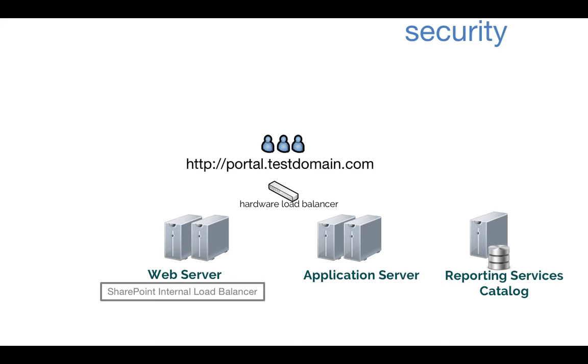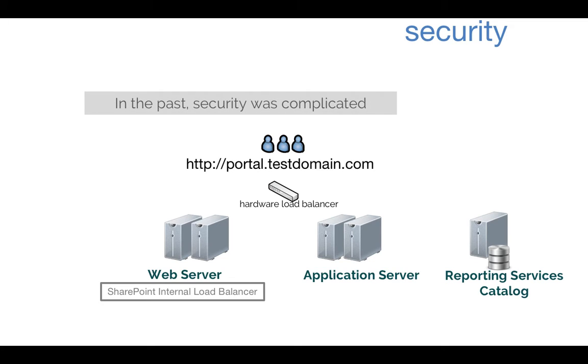What that means is if I'm a user who has access to a site collection that contains a reporting services report, I log into SharePoint, and that is considered to be connection 1. As connection 1 comes in, the assumption, of course, is my credential has permissions to access the site collection. Now, the site collection contains the reports. The reports are inside reporting services.